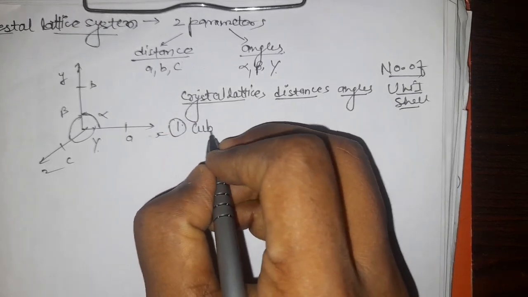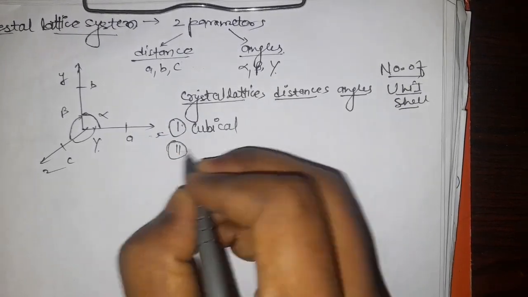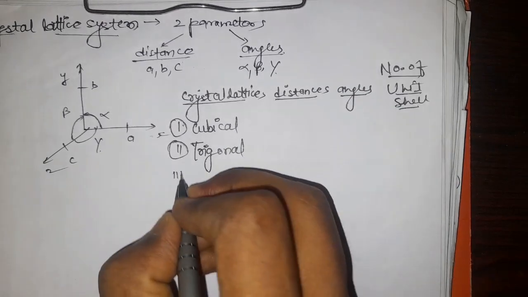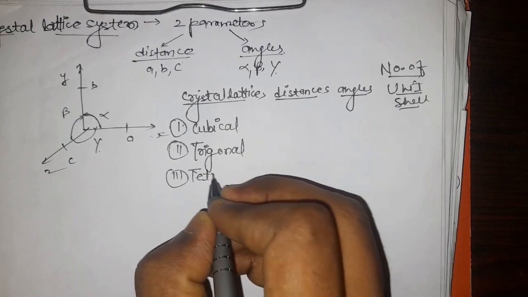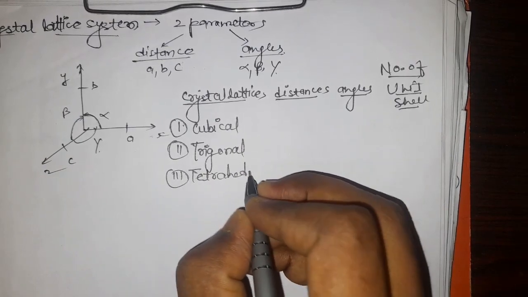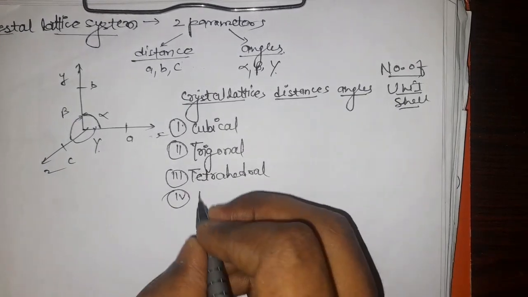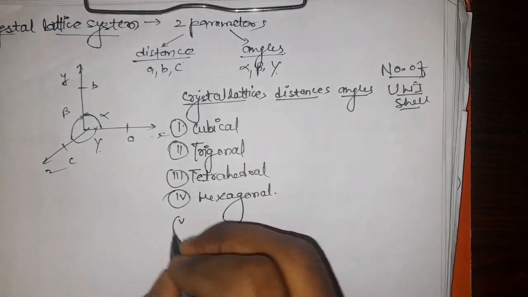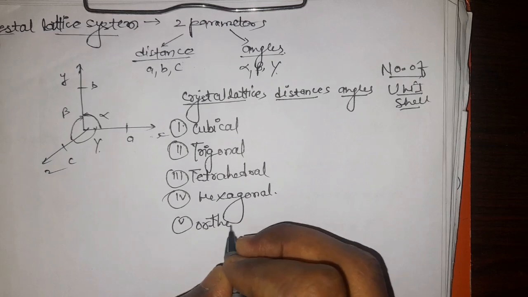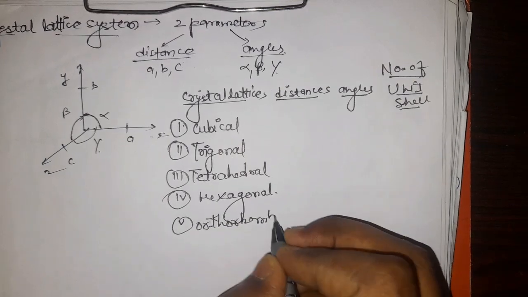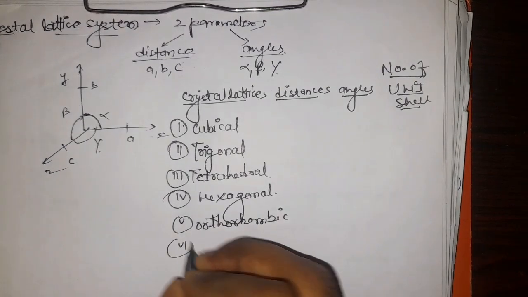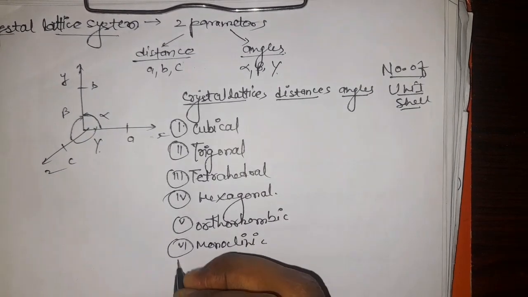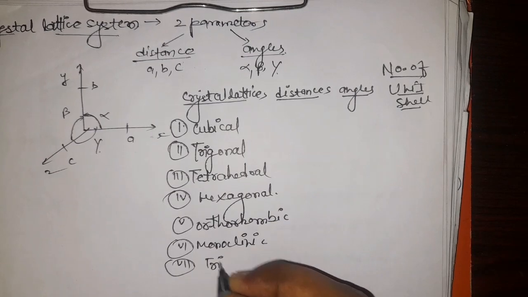First of them is cubical, second is trigonal, third is tetragonal, fourth is hexagonal, fifth is orthorhombic, sixth is monoclinic, seventh is triclinic.